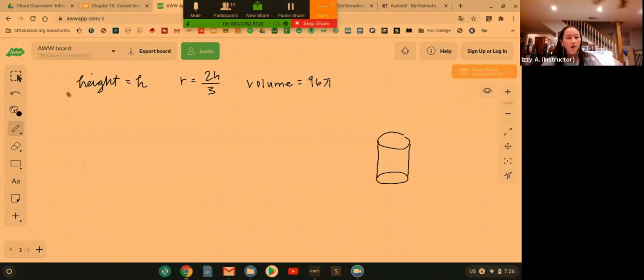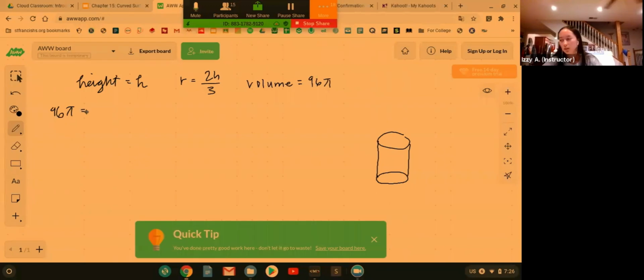We know the formula for the volume of a cylinder, so we can set the given volume equal to that formula. So it's going to be 96 pi is equal to pi r squared times the height.